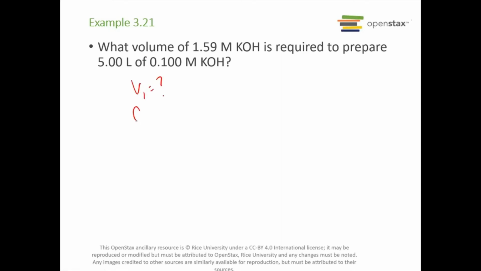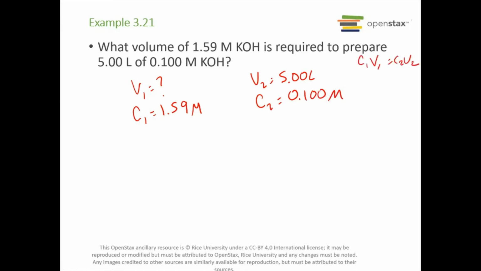We're told our C1 is 1.59 molar, and we're told a V2 is 5 liters, and our C2 is 0.100 molar. So make sure you read these carefully. Okay, C1 V1 equals C2 V2. Divide both sides by C1 so we can get V1 by itself. V1 equals C2 V2 over C1.